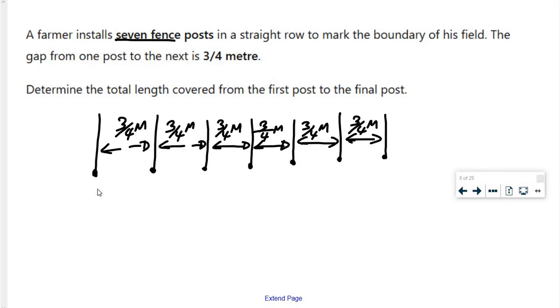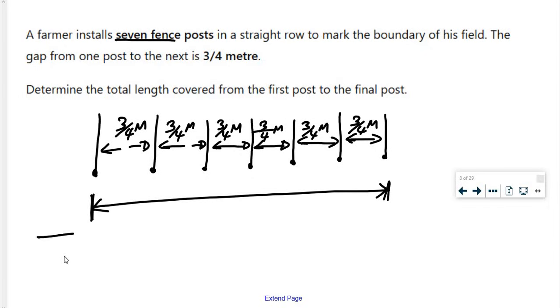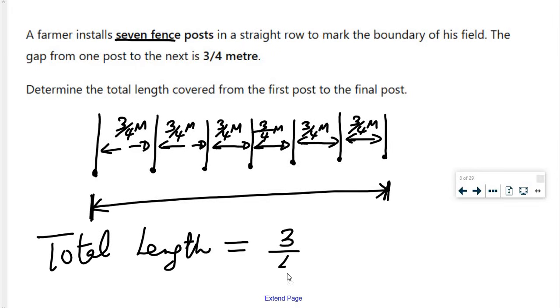Now the question is, determine the length from here to here. What is the distance from here to here? So in other words, total length from the first post to the final post will be equal to 3/4 plus 3/4, 6 times.